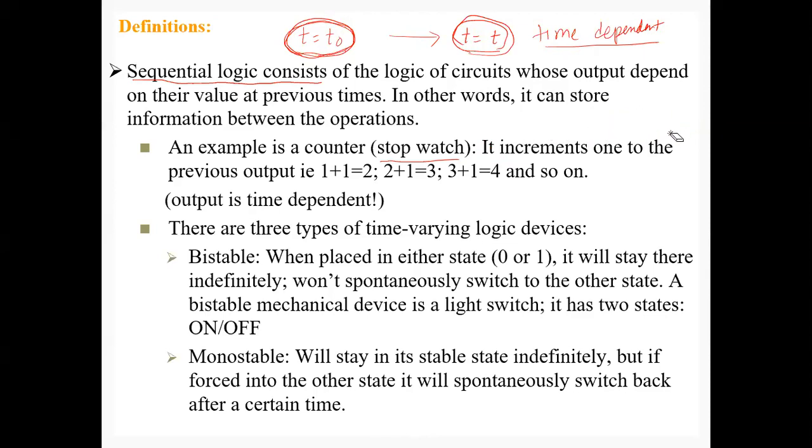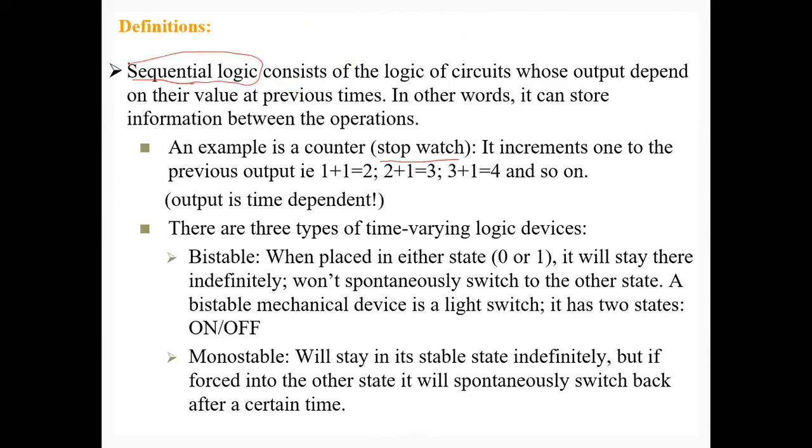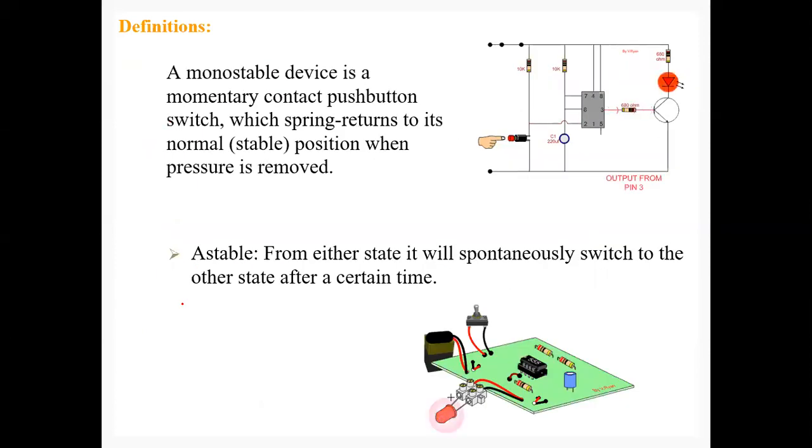So we'll talk about this kind of circuit now, which are called sequential logic circuits. Mainly the time-varying logic devices are of 3 types: bistable, monostable, and the third one is astable, right?